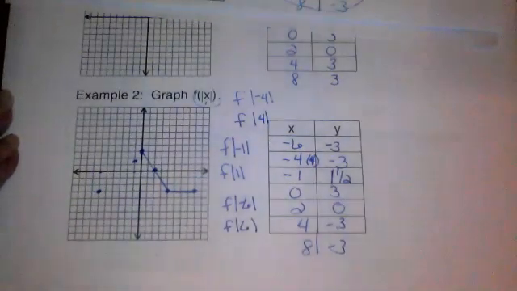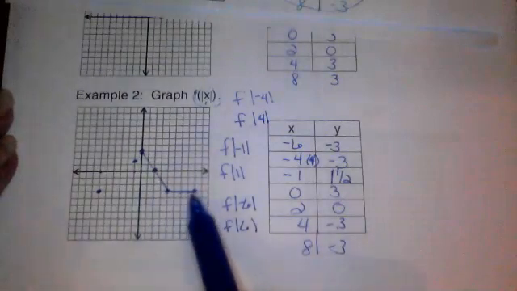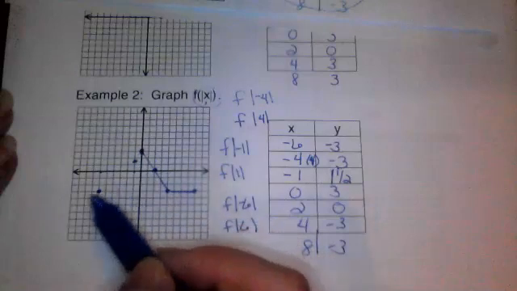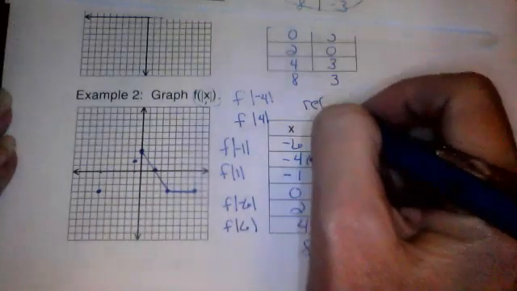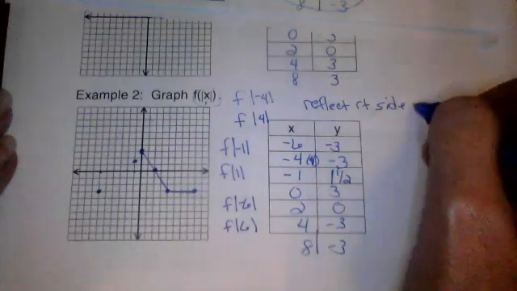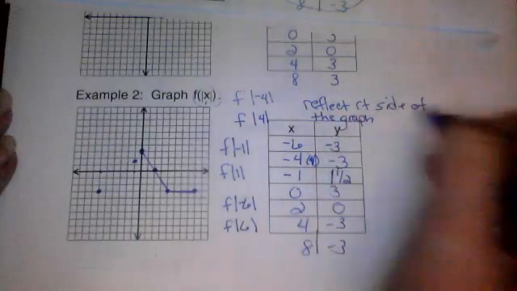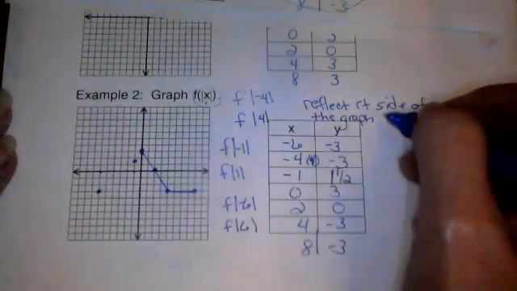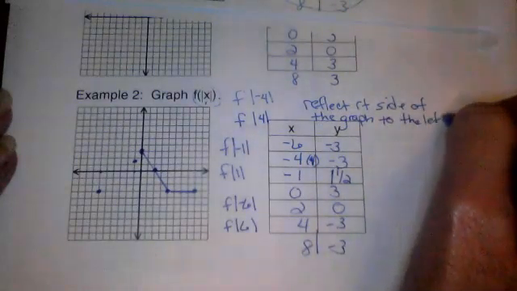So the easier way to do this is all of the values that were positive x's on the right side of the graph, the negative x values are going to act exactly the same way. So we're just going to reflect the right side of the graph, by right side I mean from the y-axis to the right, to the left.